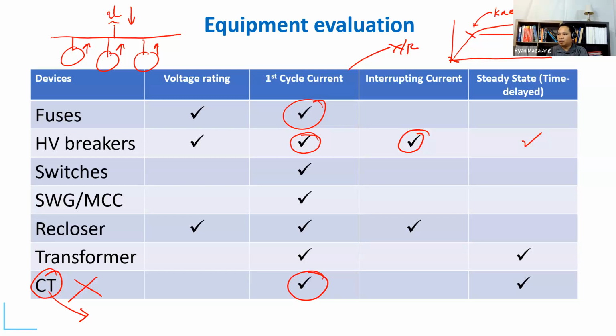Let's say umabot ka na ng 85 kA. Well, I would recommend na gamitin mo yung good guess mo na lang kaysa sa hindi ka na makapag-design, right? Or mapilitan ka mag-install ng current limiting fuses, and you'll have to explain that to your client. So I don't think they're gonna like that.